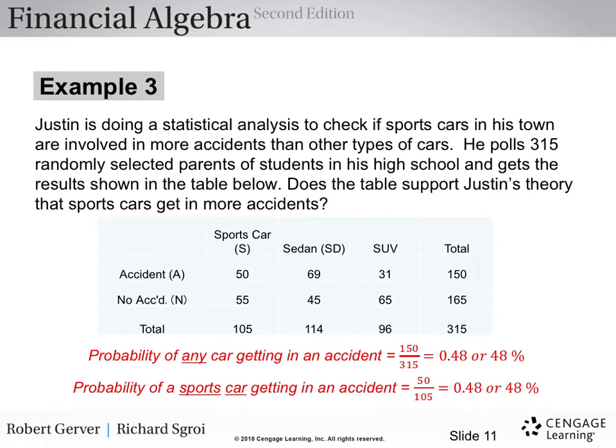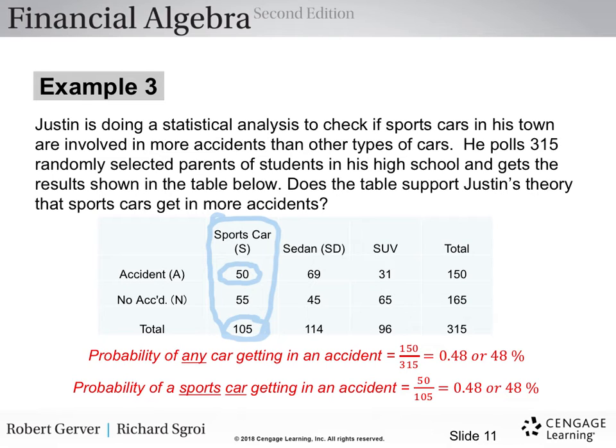Well, now we have to look at what's the deal with sports cars getting in an accident. So sports cars are right here. Here's a column for sports cars. How many got in an accident? 50. And what's the total number of sports cars? 105.